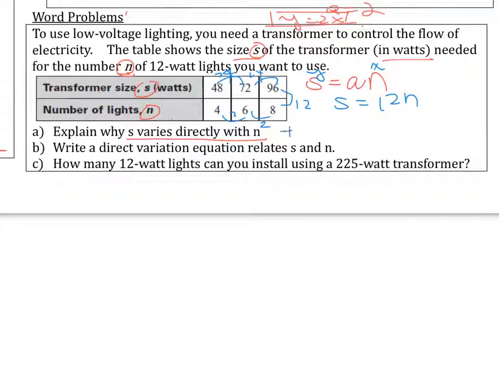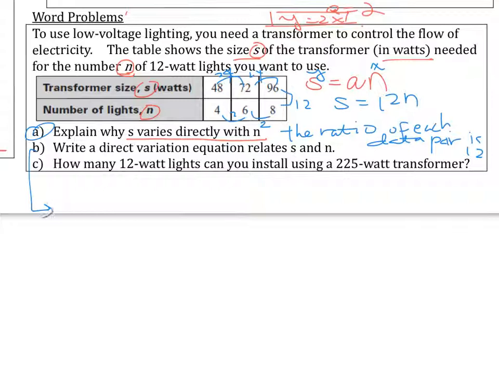So we could say the ratio of each data pair is 12 for part A.